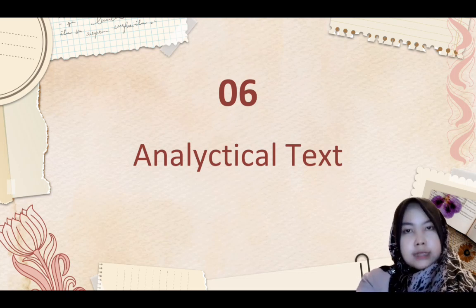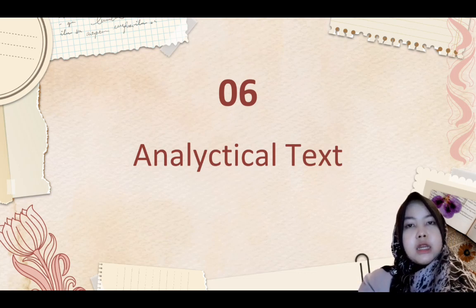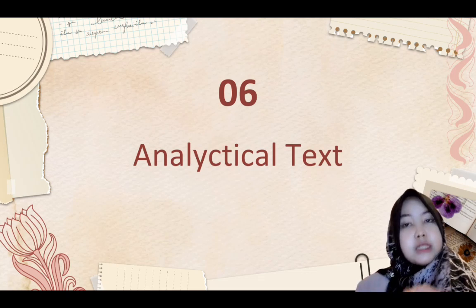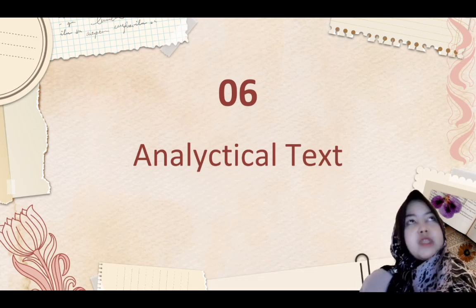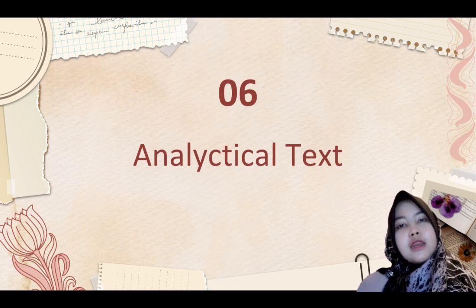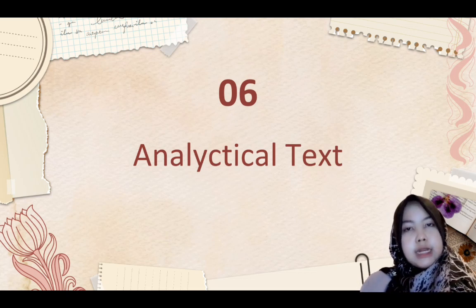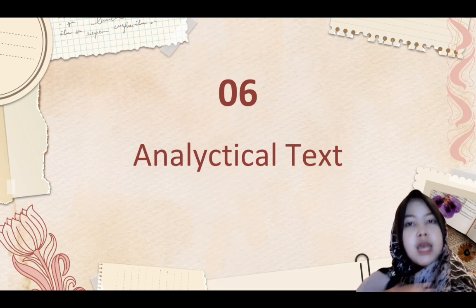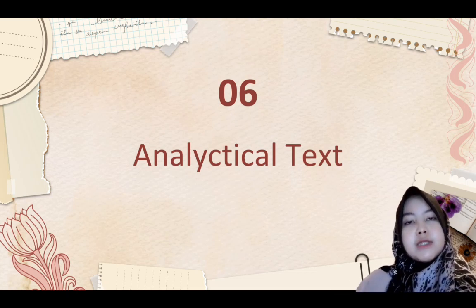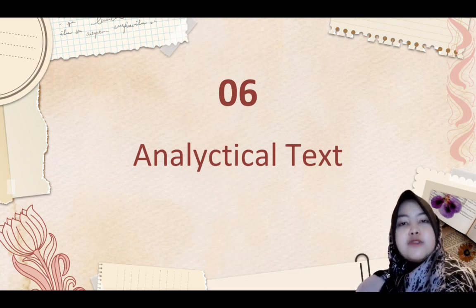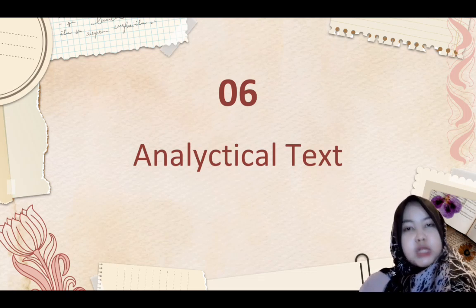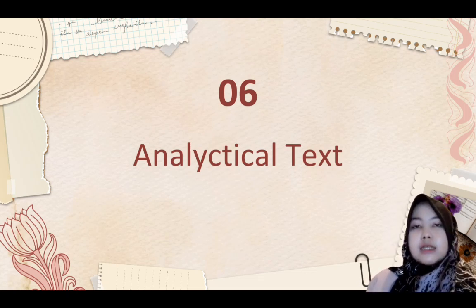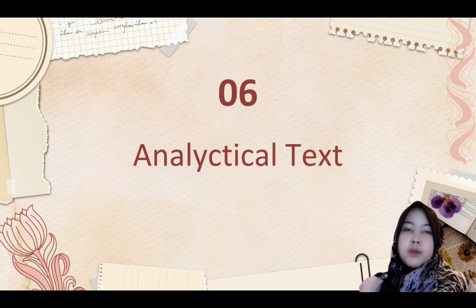These texts are commonly found in academic essays, research papers, critical reviews, and any context where a deeper understanding and evaluation of a subject are required. The primary purpose of analytical text is to provide insight, interpretation, and a well-reasoned perspective on the topic at hand.